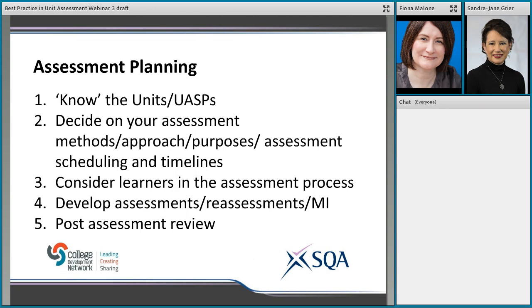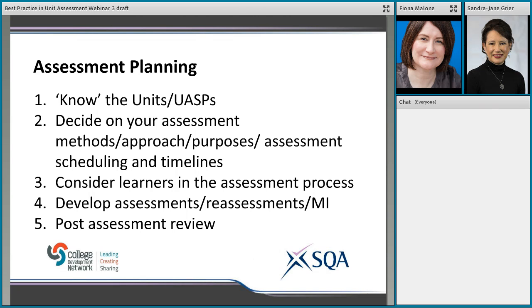But as Fiona mentioned earlier, having a clear understanding of what the command words mean within unit and also course assessments is going to be really helpful in ensuring your learners are prepared effectively for any assessments you're delivering, but also that they can perform effectively in any course assessments too. The SCQF level of the qualification will give you some hints and tips about what is expected in terms of the complexity and the demand at a particular SCQF level for any qualification.